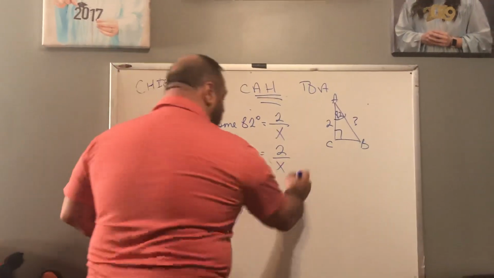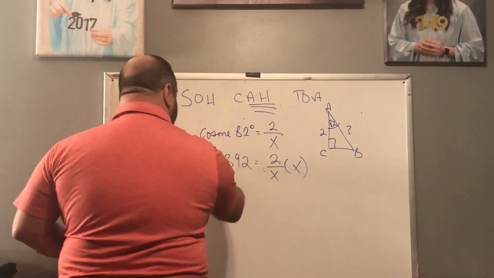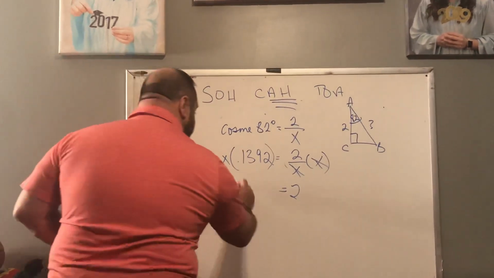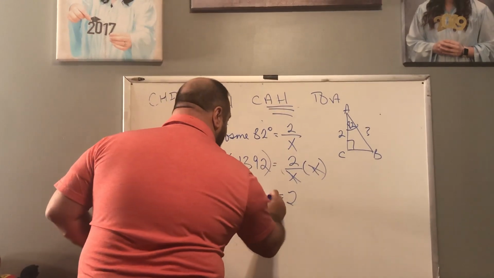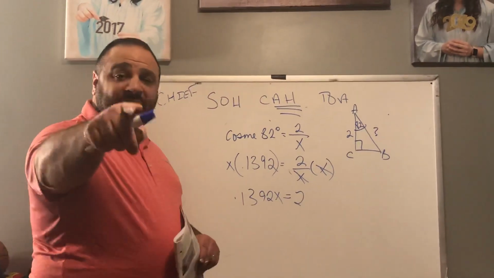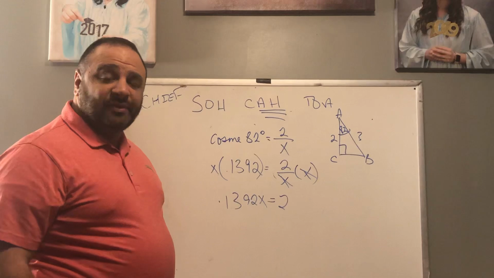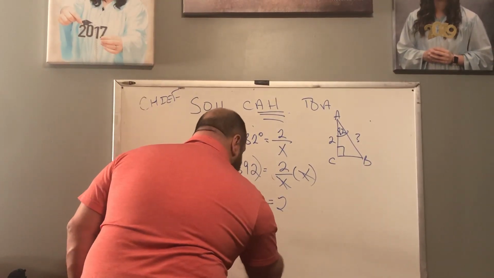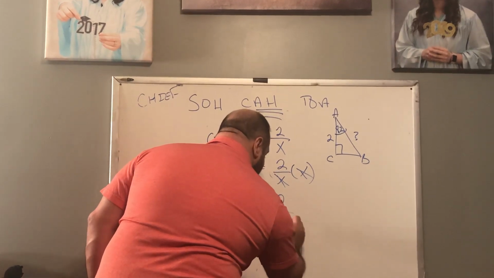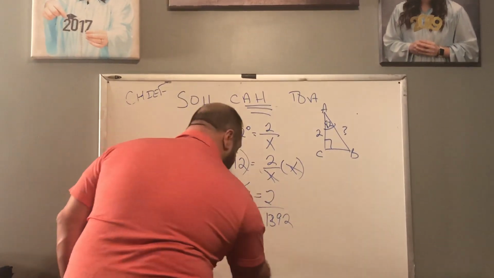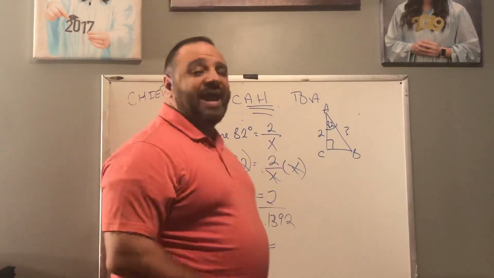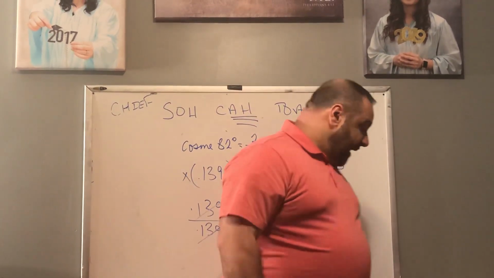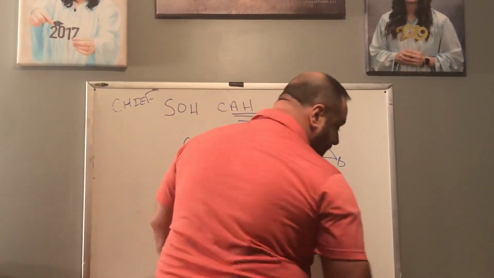Good, we need to multiply both sides by x. So 0.1392x. Again, Caleb and then Liam, follow through, get x by itself. Good, we want to divide both sides by 0.1392. x equals, get your calculator out, 2 divided by 0.1392, and what do you have here?